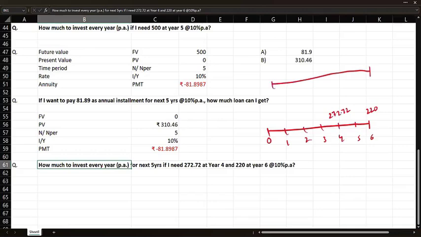I've just changed the previous question. Earlier we needed 500 at the end of year 5, and for that we needed to invest 81.89, right? I'll explain more, but first let me see your answers.